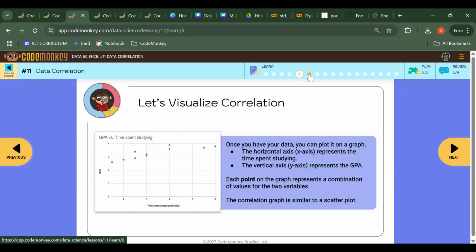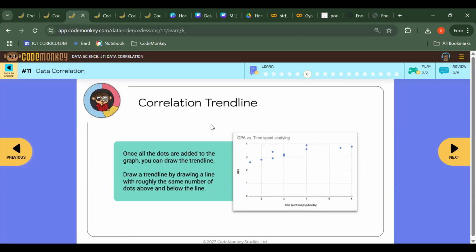So I need a graph to represent this. Correlation in mathematics, as we learned, can be positive correlation, negative correlation, or no correlation. Similarly in data science, we also see how the data is correlated. Draw a straight line, with roughly the same number of dots above and below the line.